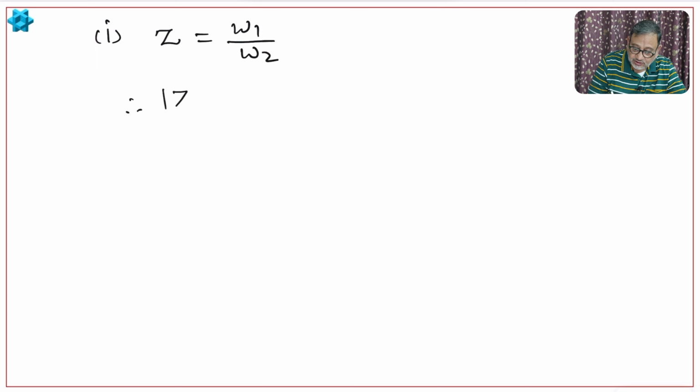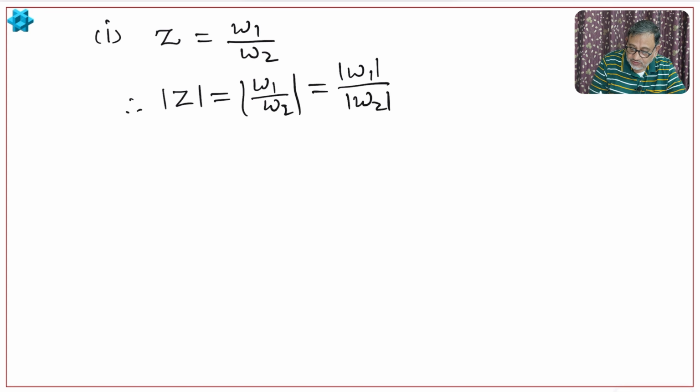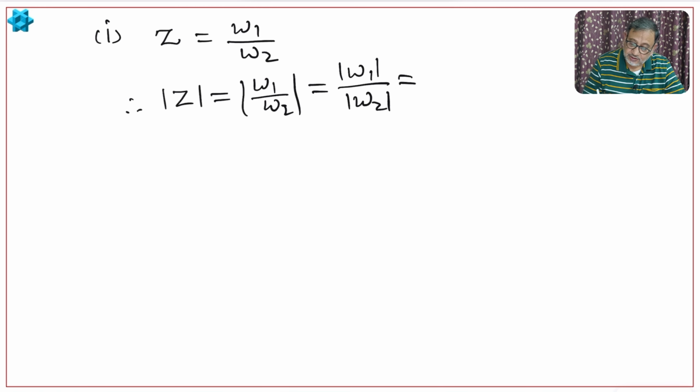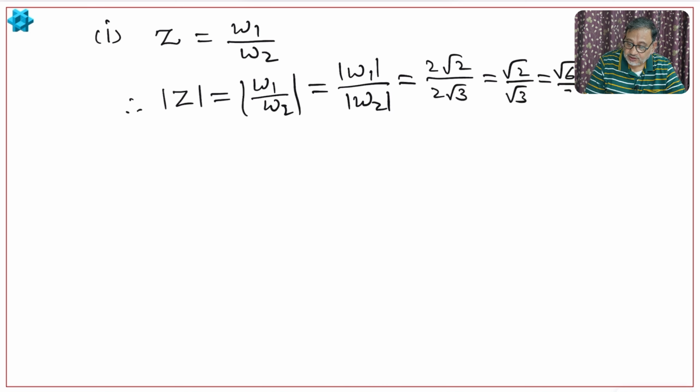So therefore modulus of z will be modulus of w1 by w2, like this, and we know that it is modulus of w1 divided by modulus of w2, and this will be 2 root 2 divided by 2 root 3, okay. So root of 2 by 3 we can write, right? Root 2 by root 3, which can be root 6 by 3, no problem, we can write the modulus like this.